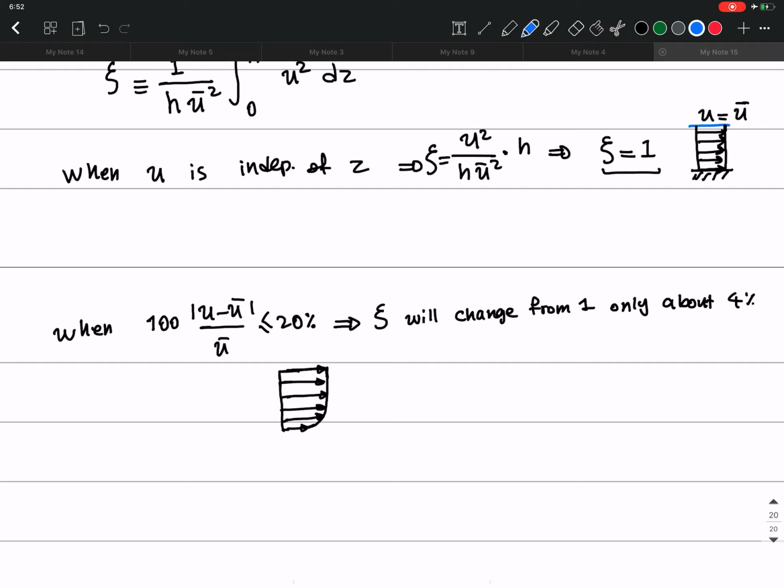So here, say your u bar, the average velocity, is going to be somewhere here.